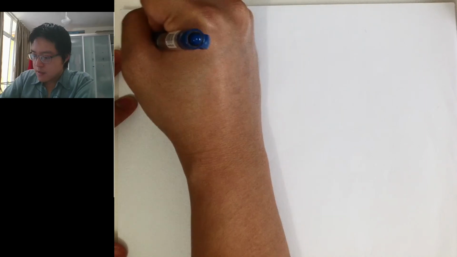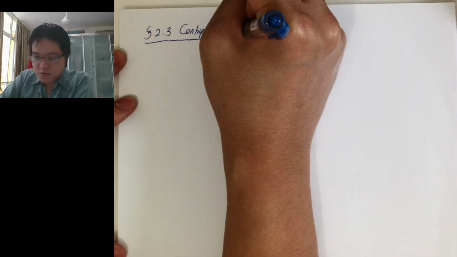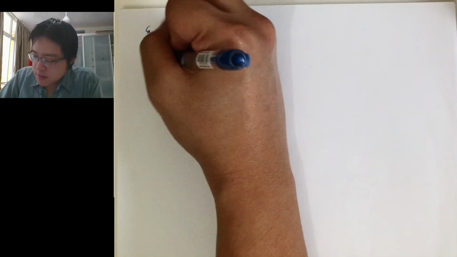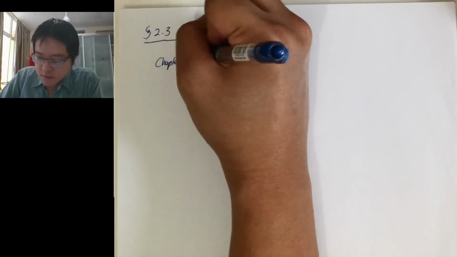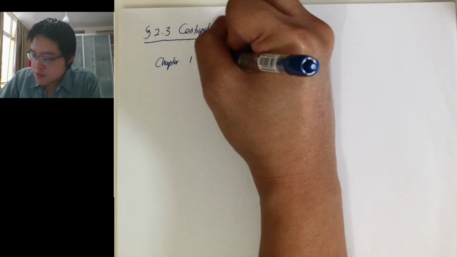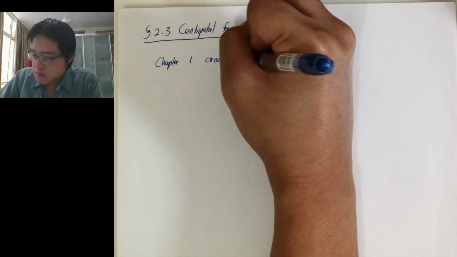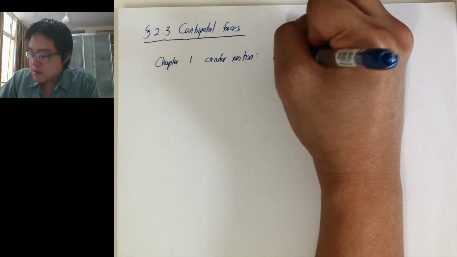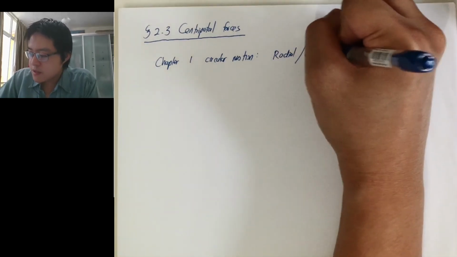This is the force related to circular motion. Remember in chapter 1, circular motion, we calculated the radial acceleration, or we call it the centripetal acceleration.